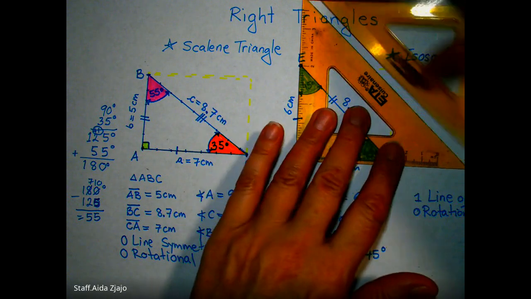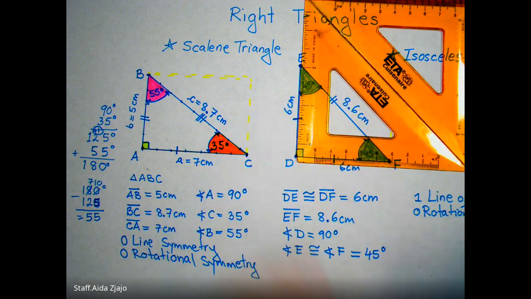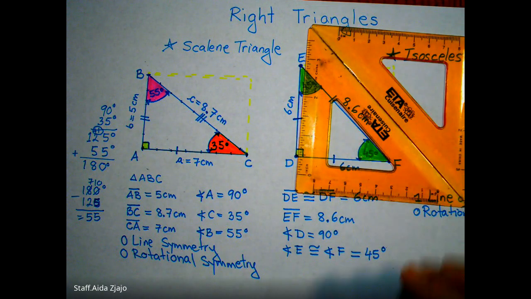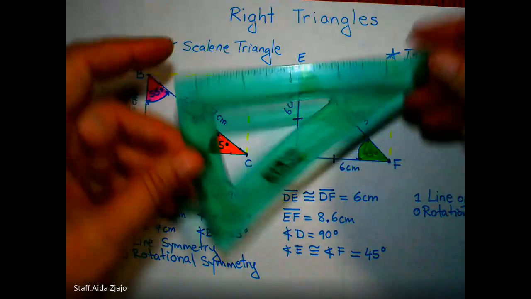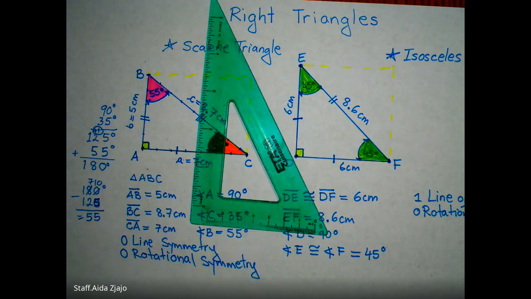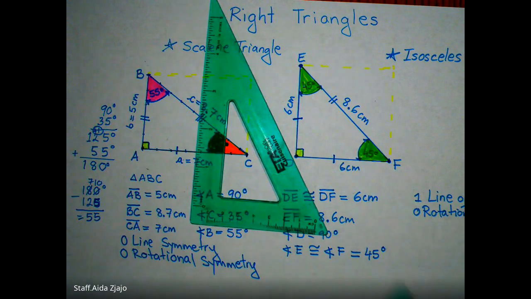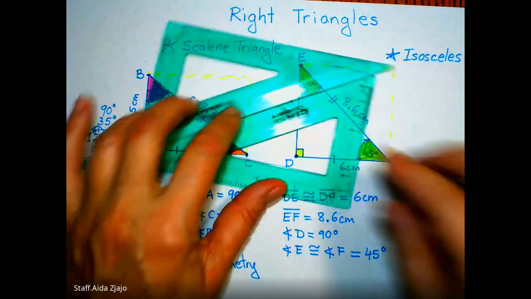I have two right triangles, isosceles right triangles, and they will create a square. And then this is one of my right triangles that is scalene, and if I add another triangular ruler that is the same size, I will create a rectangle.